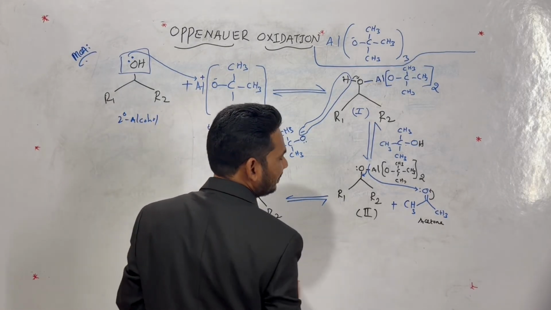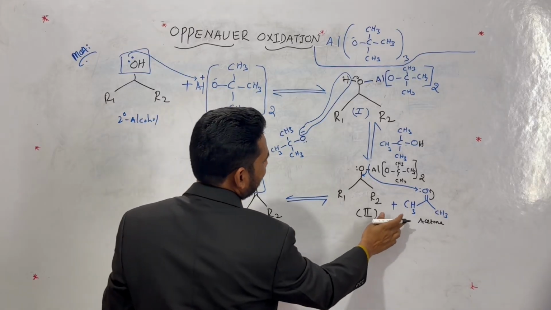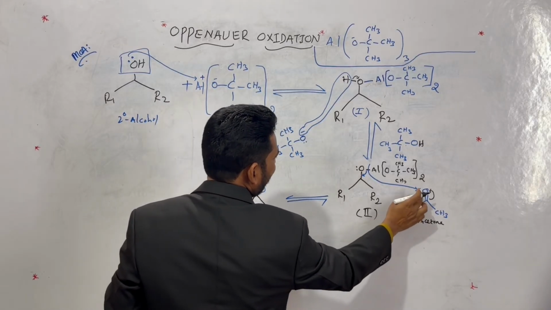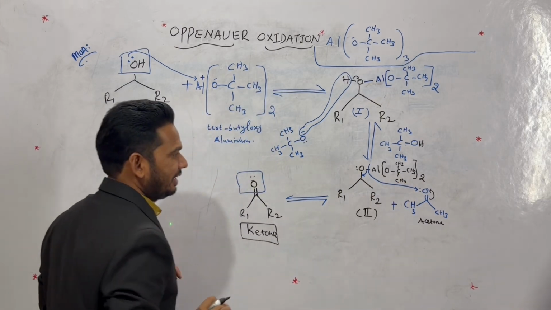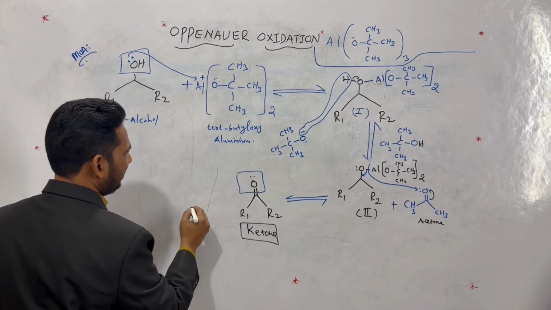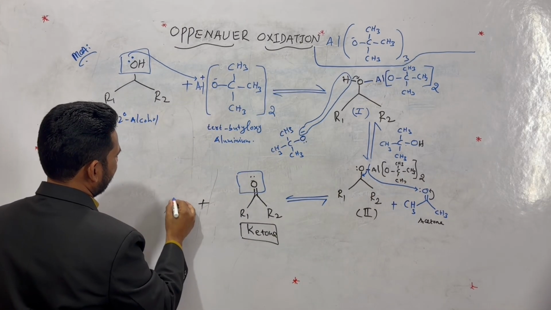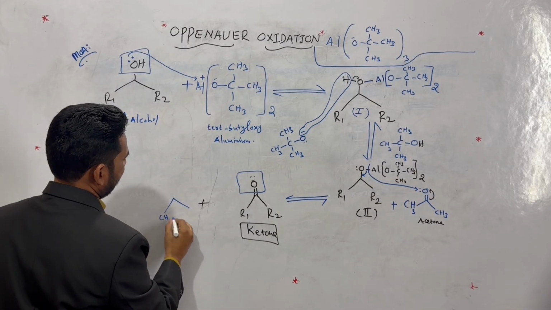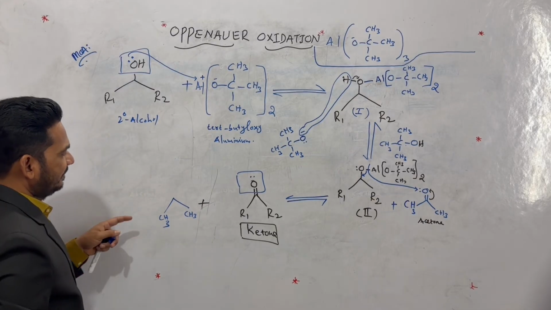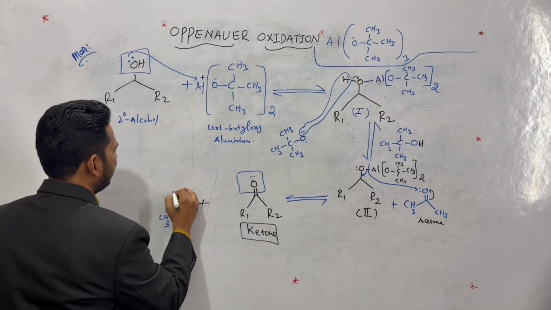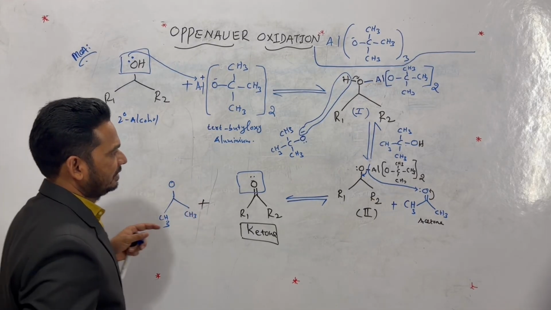Then next what happened here? Acetone is there, no? We should not leave it like that. This acetone, what is it doing? It is interacting with this catalyst. Then what will be formed? Acetone. Then here, oxygen.